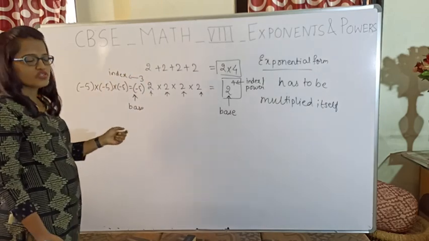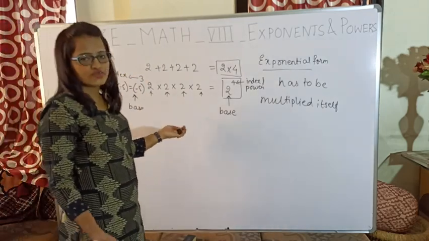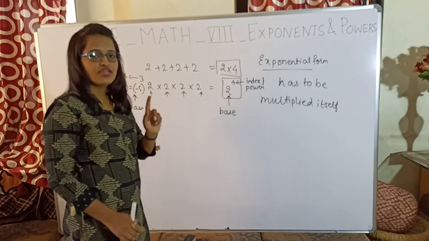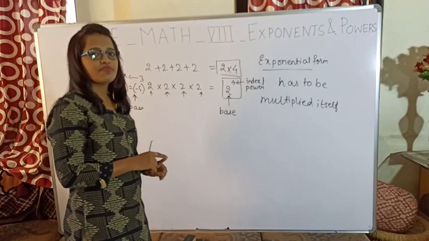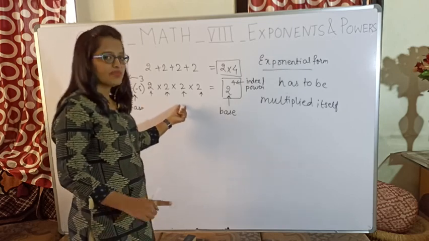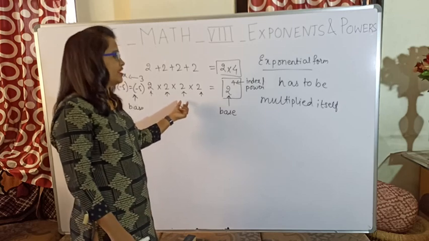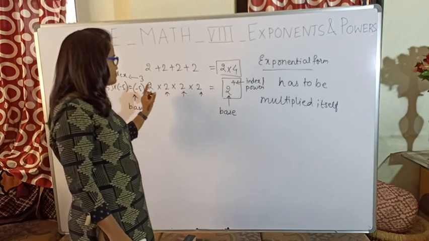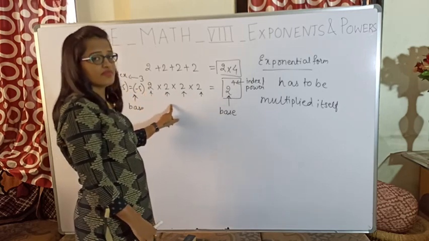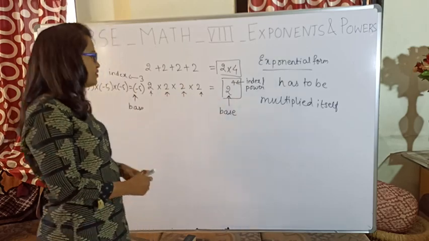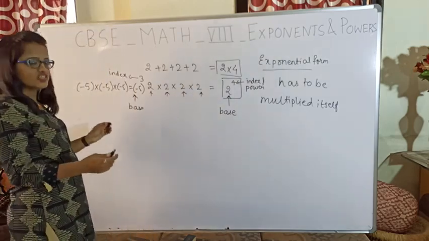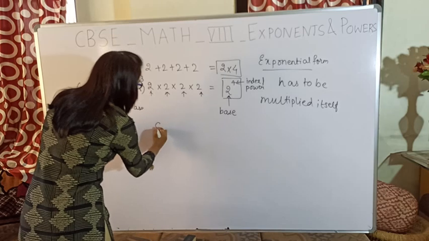Okay, so I hope you understood how to represent any number in an exponential form. First condition, the number should be multiplied with itself, meaning the same number has to be multiplied n number of times, whereas the number of times the number is being multiplied comes at the top. From this, we can write a general way of writing an exponential form.